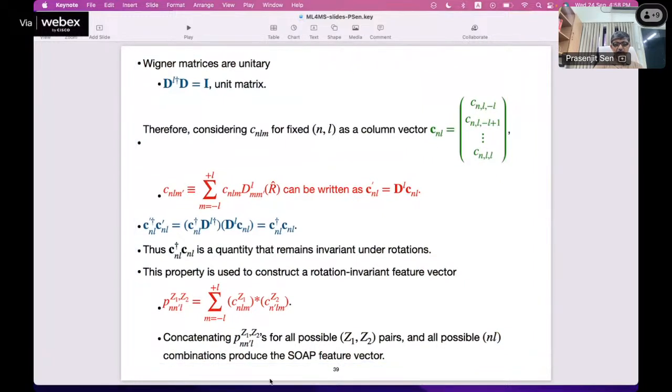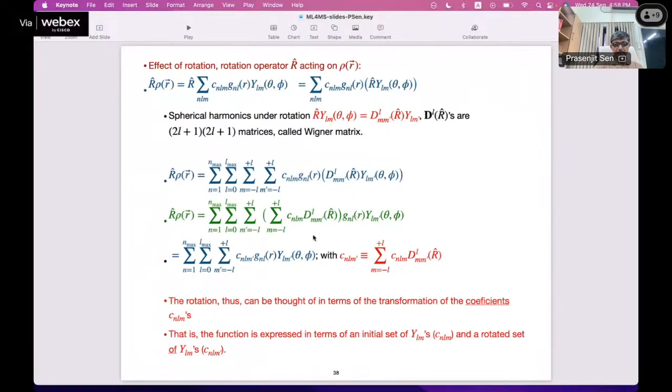If I do that, then I'm writing the sum over m of C_nlm D^l_{mm'} as C_nlm'.